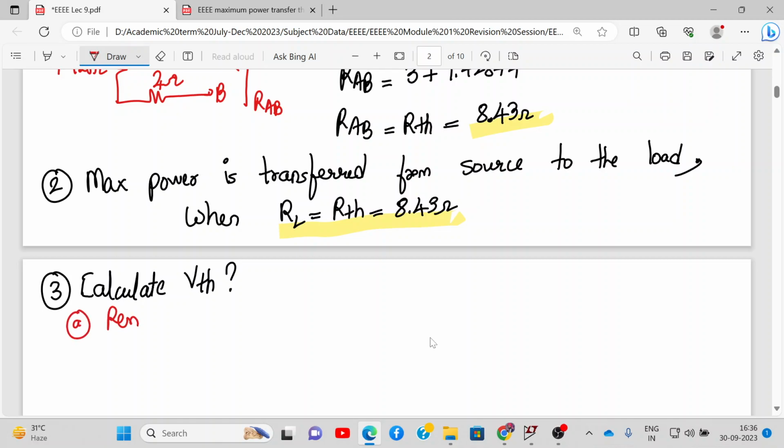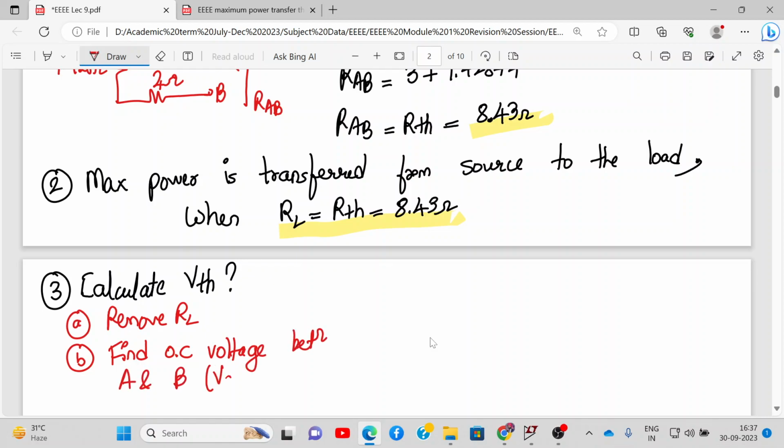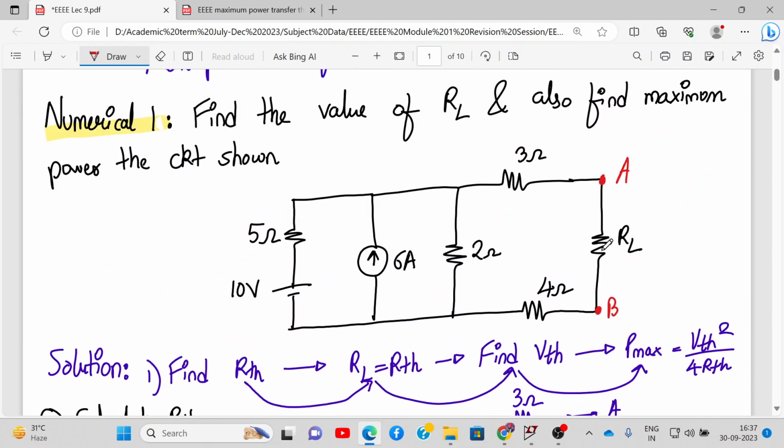First, remove RL and find the open circuit voltage, OC, between A and B terminals. That is called VOC or VAB, or it is VTH, Thevenin's voltage. So we'll see the circuit again, remove the load resistor RL, and measure the open circuit voltage between the points A and B.